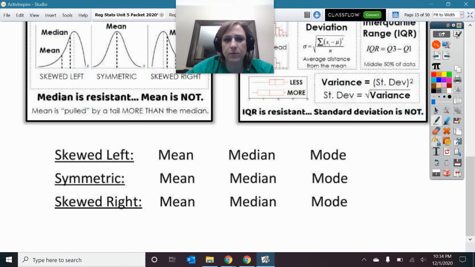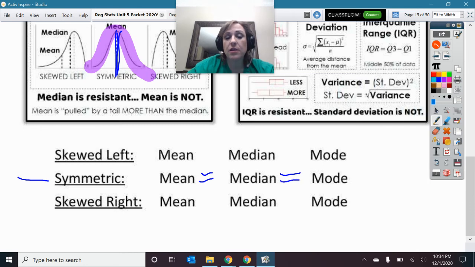Now, what's happening if the data is somewhat symmetric? Hopefully you can see that the mean and the median are about in the same place. So if they are symmetric, then they're about equal. The mean and the median are about the same.